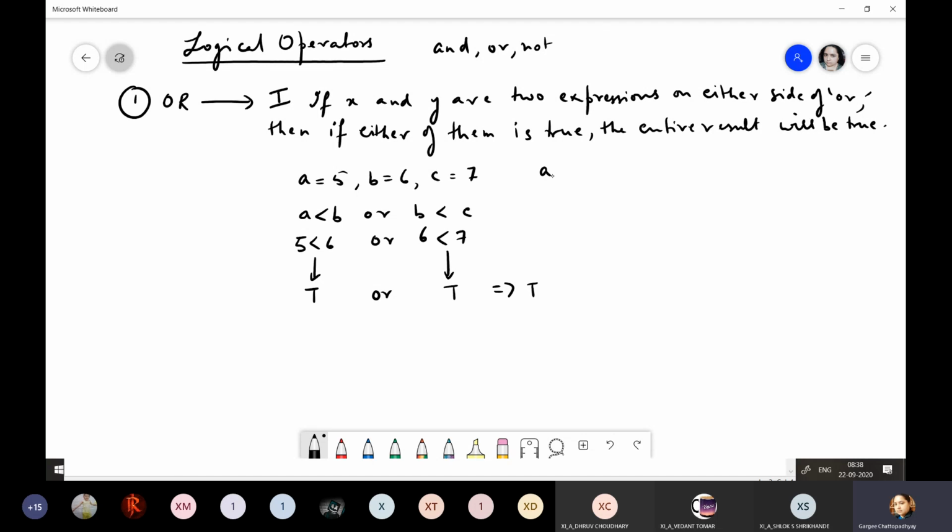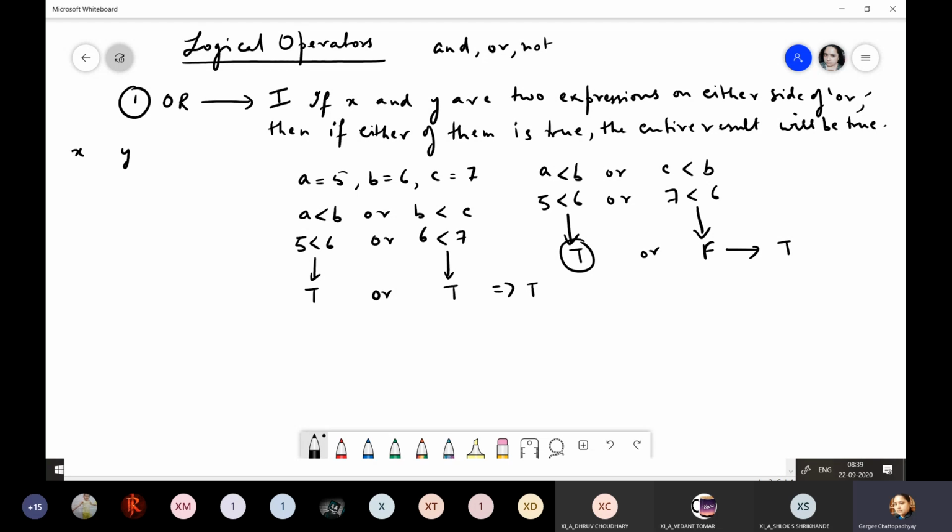If I change the expression, what is A? 5 less than 6 or 7 less than 6. So 5 less than 6 is true, but 7 less than 6 is false. But you have one true over here. Even if one true is there, your result will be true. So OR works on this principle.